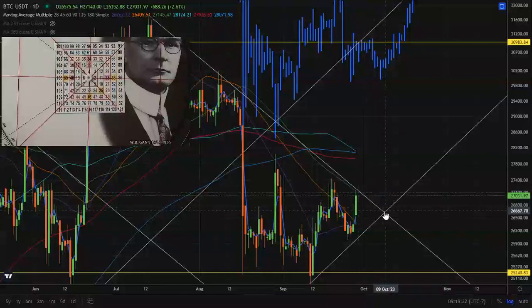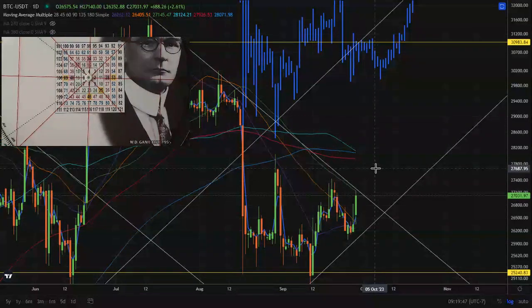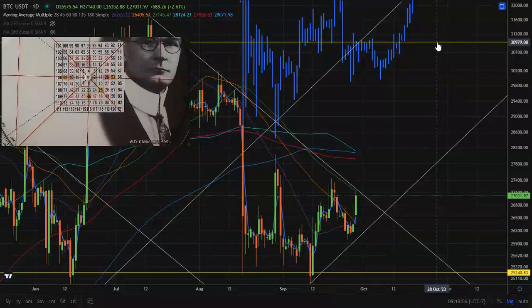We'll probably have a movement where we will have another base. It's very possible and likely we just sit down on maybe one of these tops here, possibly this one.